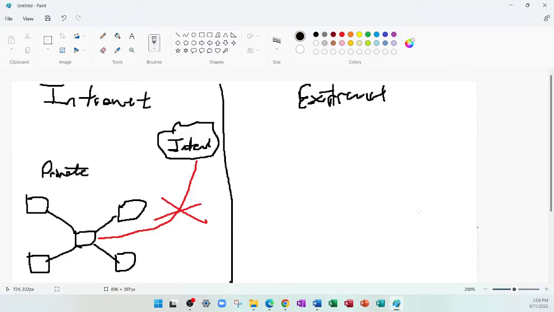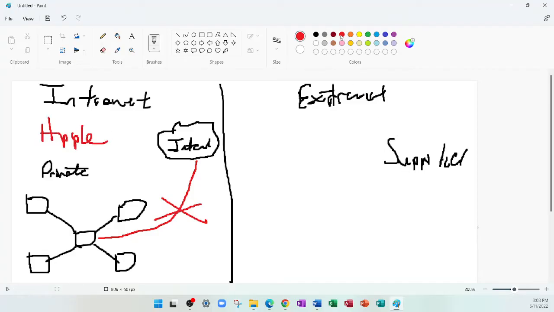Now, a private network, so that's the intranet. Now the extranet, say for instance, we have a supplier. Let's say there's a supplier over here. So say on the left hand side, once again, this is Samsung. And no, we're going to say it's Apple. So over here is Apple.